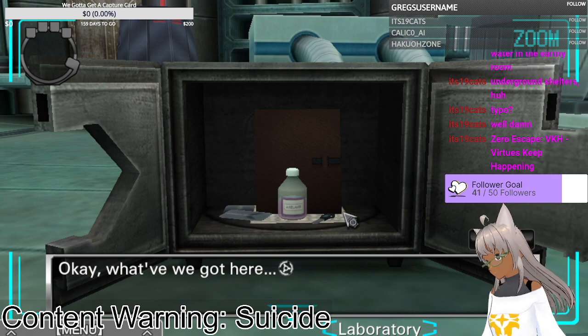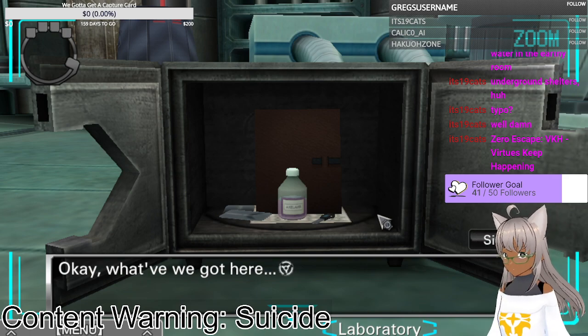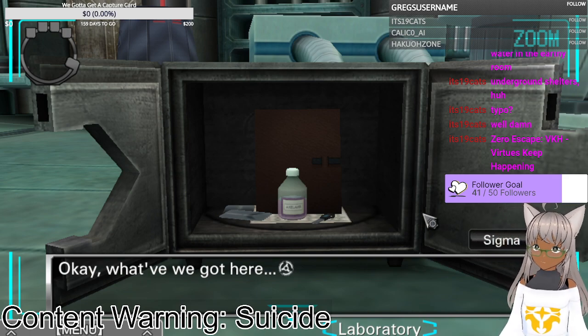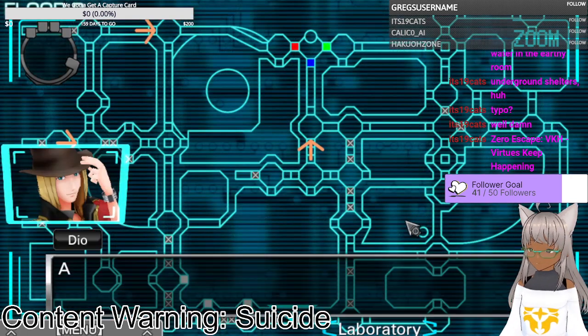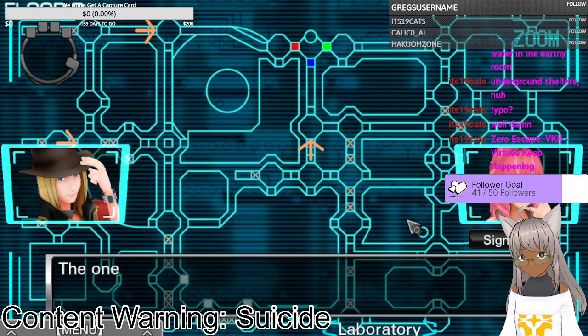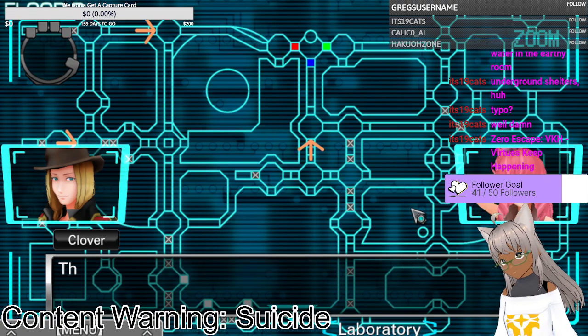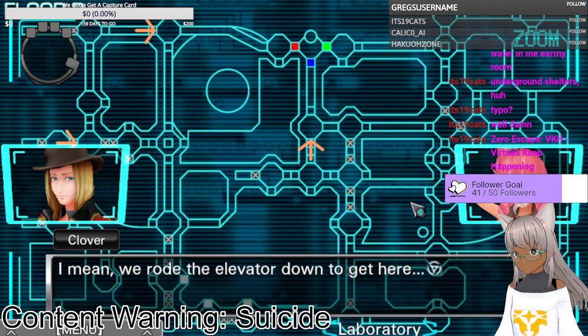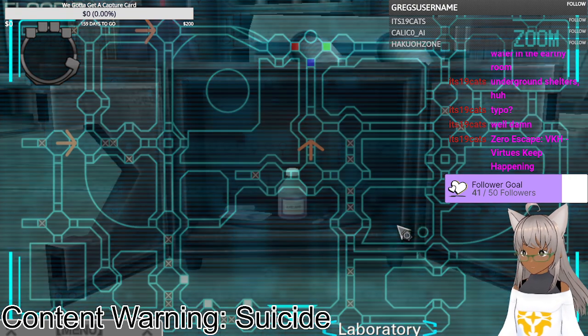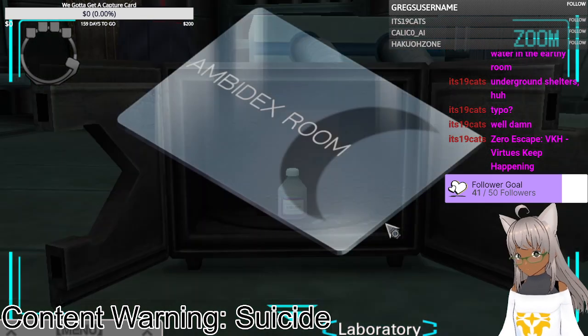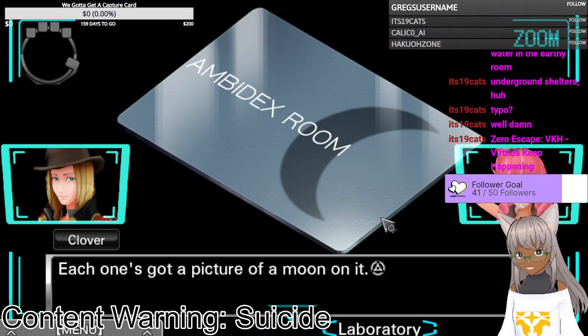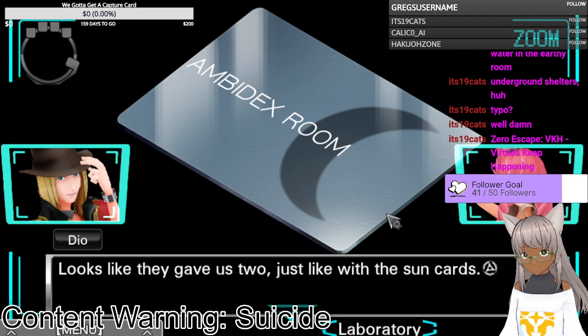Okay. Oh. What have we got here? First is a map. Next is Ambidex key cards.